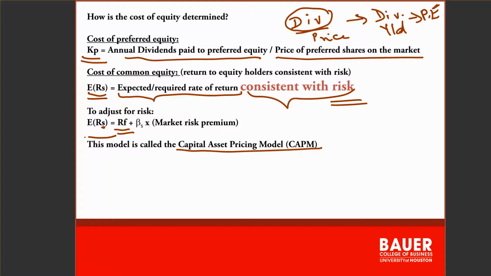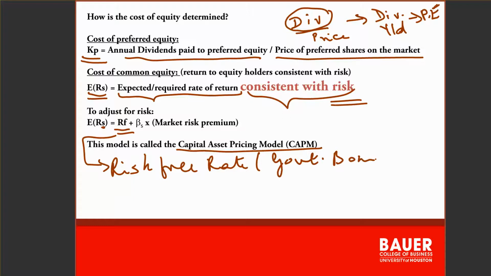R sub F is the risk-free rate. Usually what is risk-free in the economy is a government bond rate, because government bonds are assumed to be risk-free, and it's usually a 10-year bond or some long-term bond. And that's going to be the same no matter what stock you're looking at. Then the second part of it is an adjustment for risk.